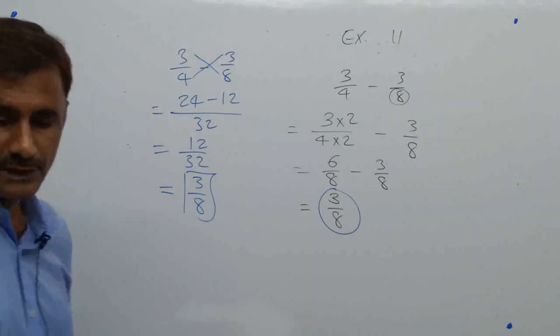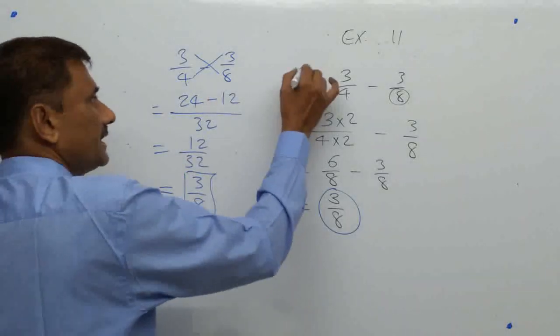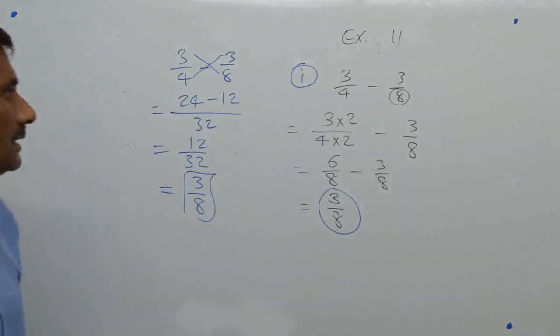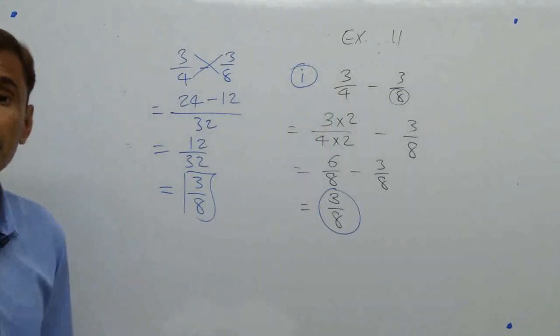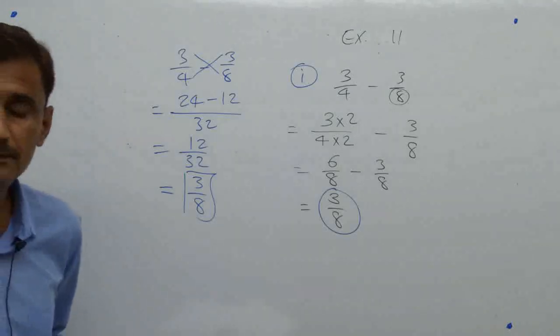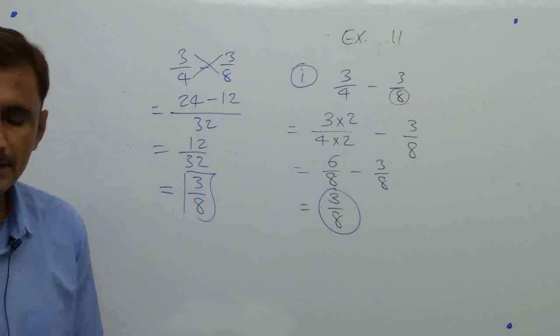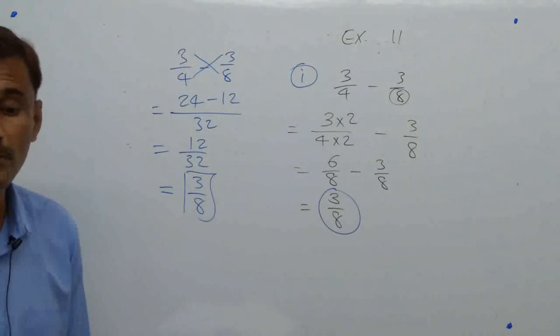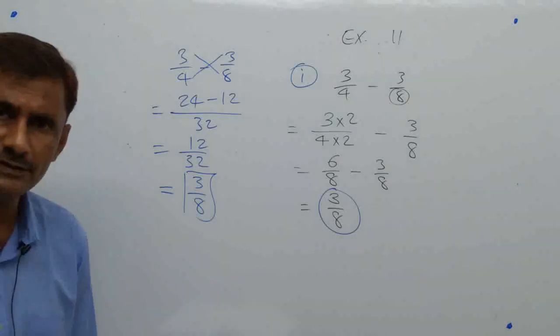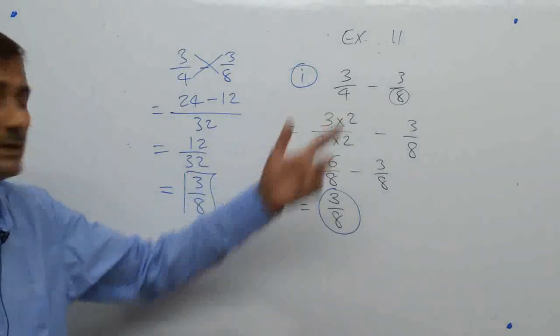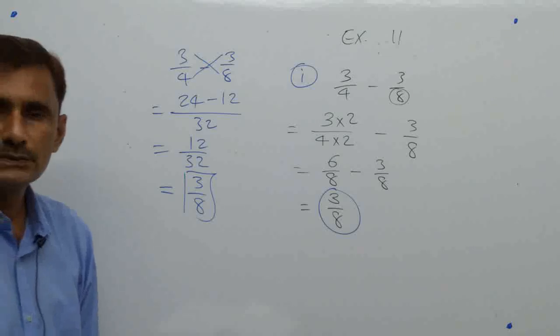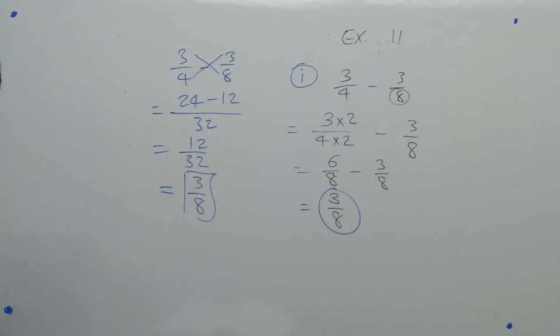Okay, so that was 11 first one. Now look at the next one, 11 second. Minus 4 by 7 from minus 5 by 14. Again the same way, the sequence we already talked about, so write the second sum the same way.